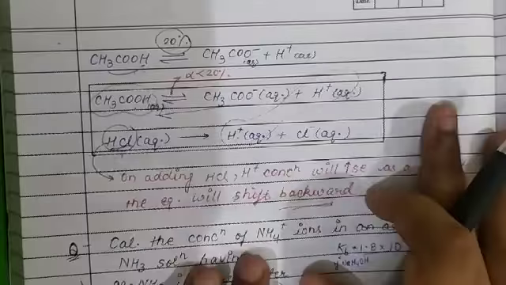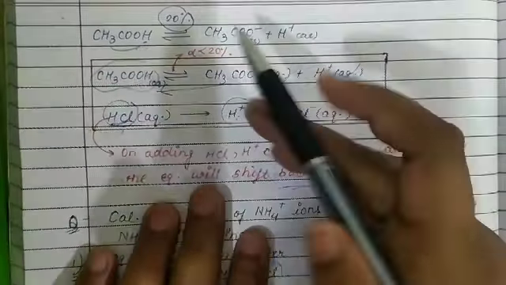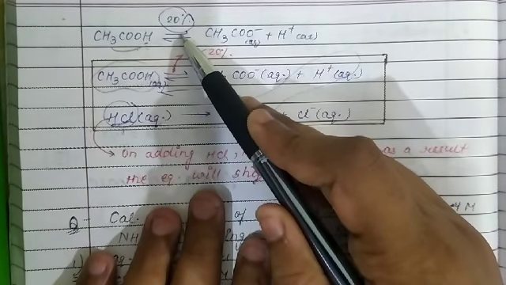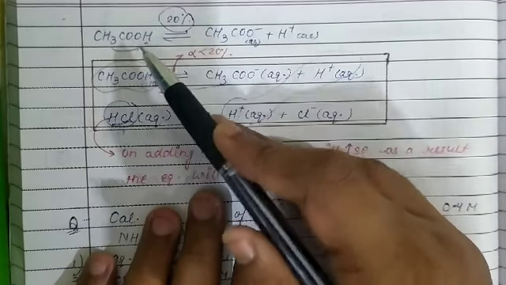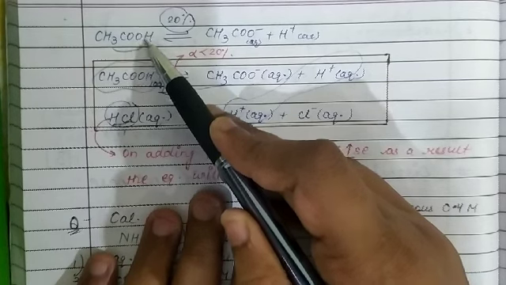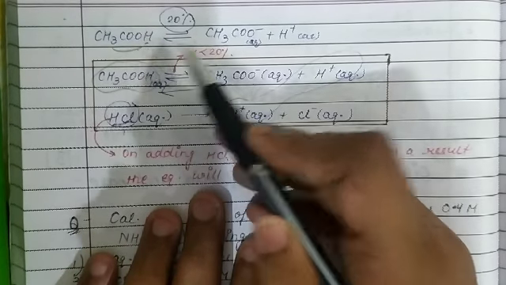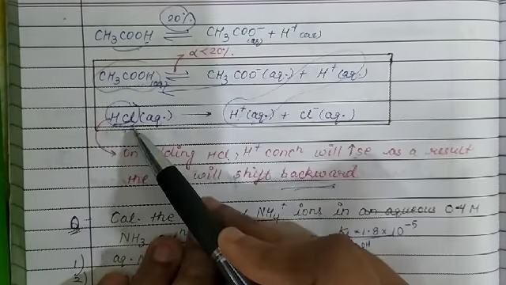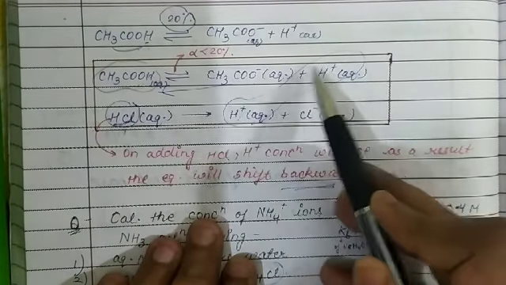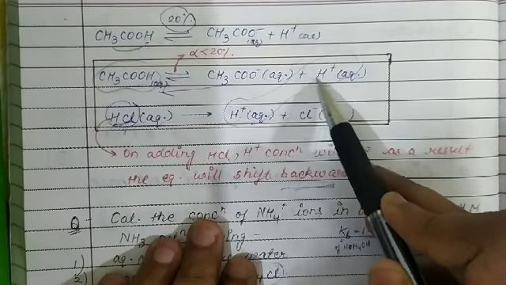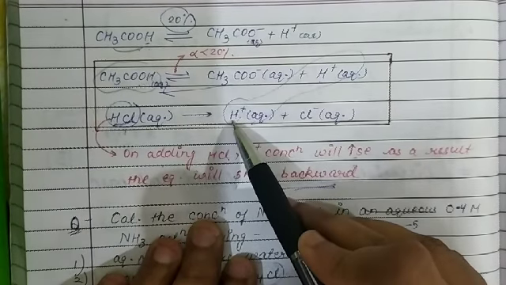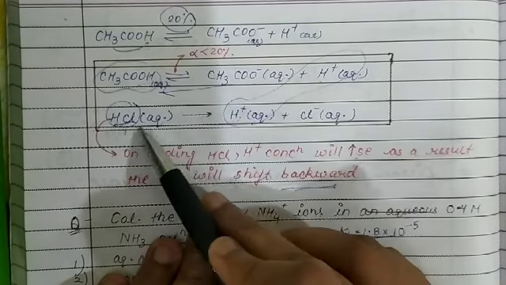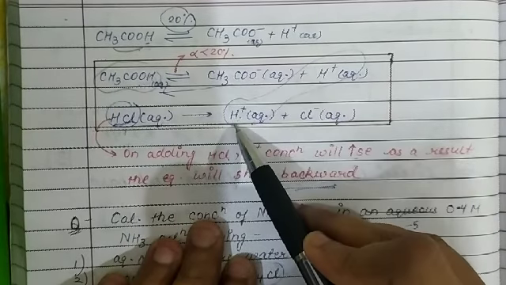For example, we have seen here like CH3COOH dissociates 20%. So this is the case in which degree of dissociation of weak acid occurs. Weak acid is CH3COOH. When strong electrolyte like HCl is added containing common ion, weak acid also contains H plus ion, strong acid also contains H plus ion.